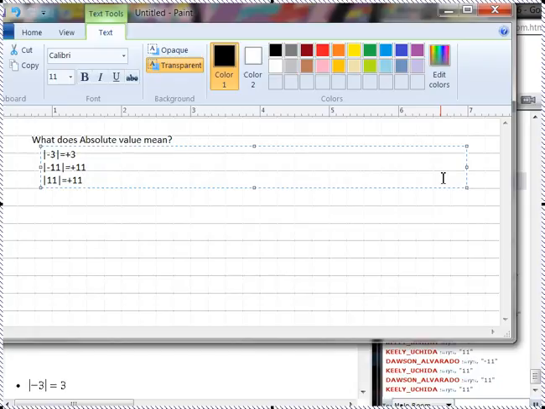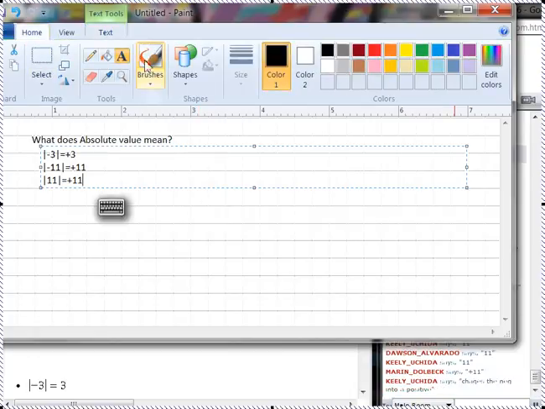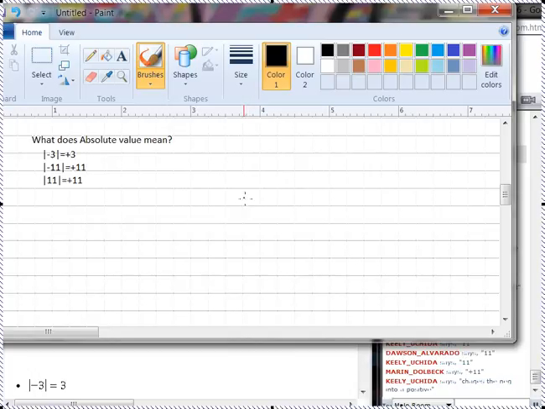Is that so? What does the absolute value do? The absolute value of negative 11 is positive 11. The absolute value of positive 11 is positive 11. And I'm not surprised in finding out that you know what to do. Okay.